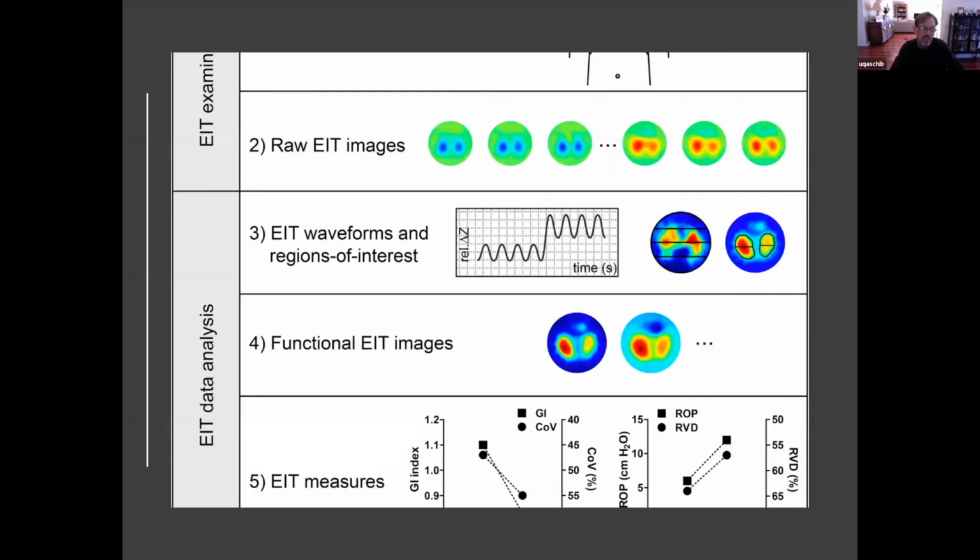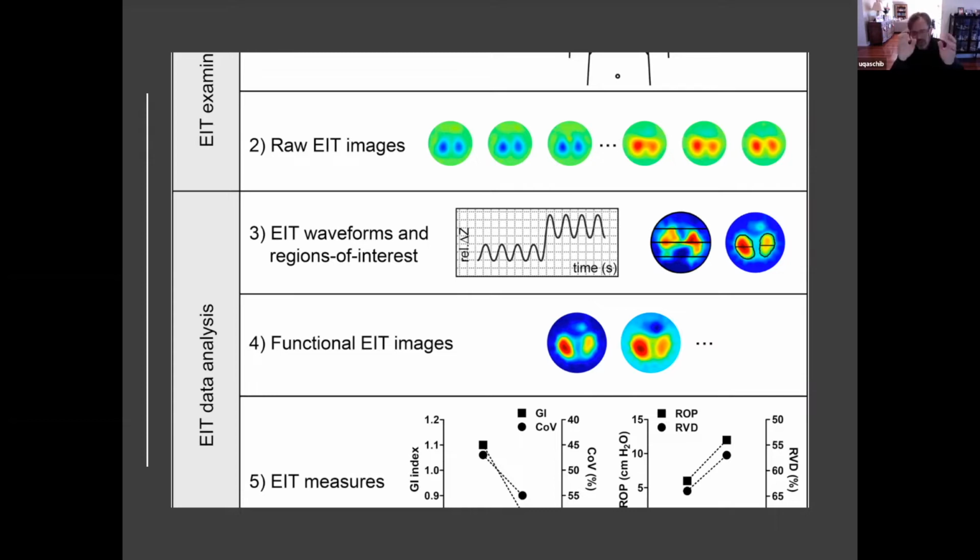Now, if we look at the EIT examination, we got these raw images that nicely pop up on the screen, and then we place them into so-called functional images. That means the images are going into a comparison between the baselines, or we measure parameters that are obtained from image analysis.